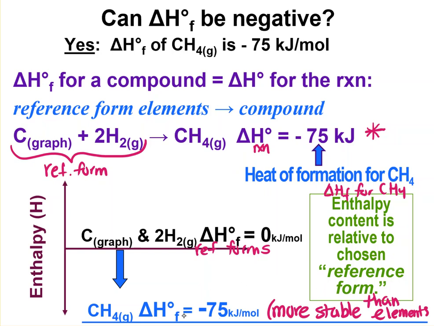It doesn't mean that this compound has a negative energy. It just means lower on the energy diagram means more stable. So down here is more stable, up here is less stable. So they can be negative like that.